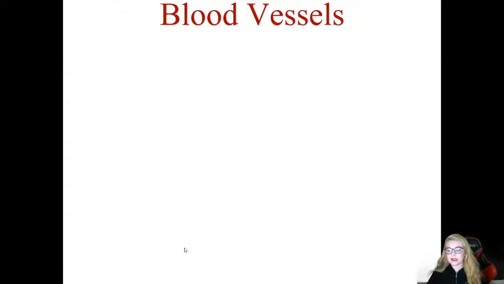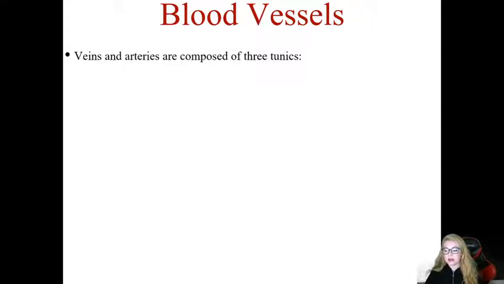All right, so veins and arteries are composed of what's called three different tunics. You have the tunica intima, the tunica media, and the tunica adventitia. The first one, the tunica intima, is the closest layer to the blood.